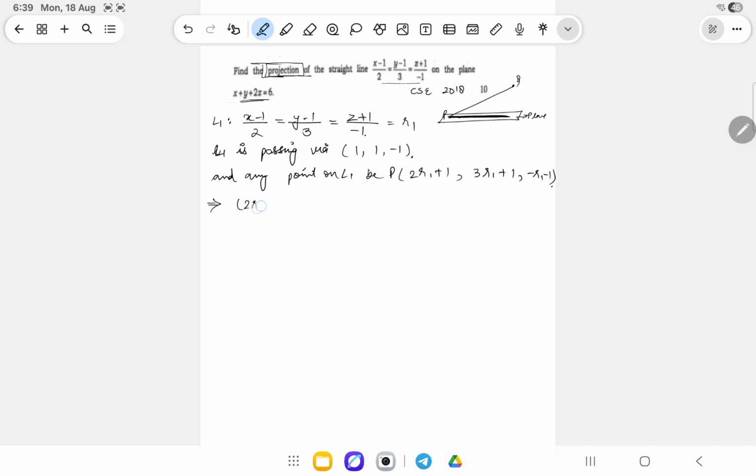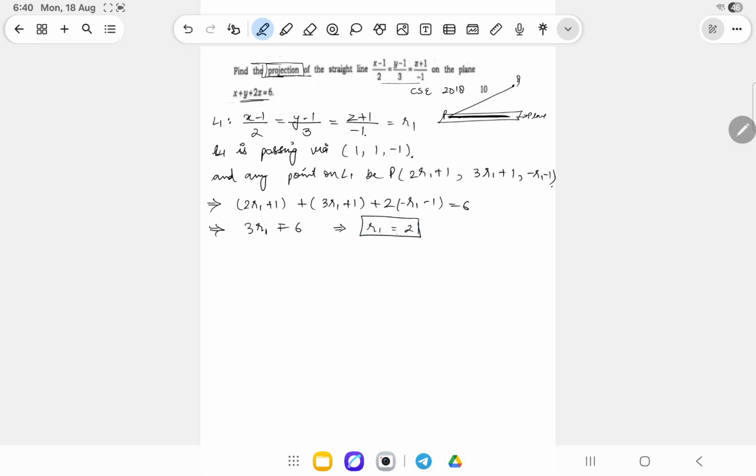So we'll just substitute this value in the equation of the plane. We'll get 2r1 plus 1 plus 3r1 plus 1 plus 2 minus r1 minus 1 equals 6. If we simplify it, we'll get 3r1 plus 1 equals 6. So from here I got my r1 as 2.